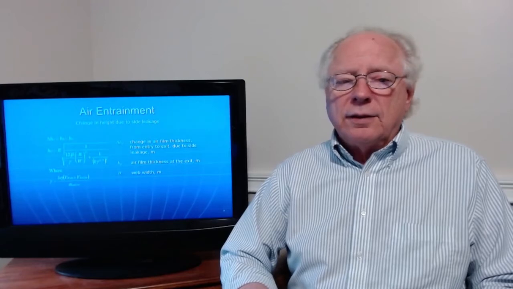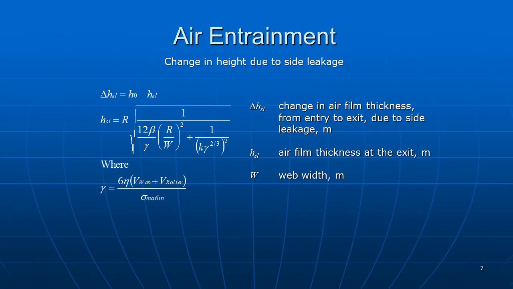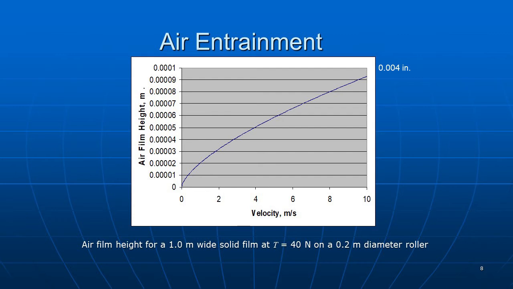Now, for air leakage out the side, again, a formula that was developed by Keith. It looks ugly again, but you plug it into Excel, it works fine. By putting all these together, you can calculate air film thickness as a function of speed and at any point in the roller. Now we have here a calculation that shows for a 1 meter wide solid film, so no porosity, at 40 newtons of tension on a 0.2 meter diameter roller, the air film thickness as a function of speed.